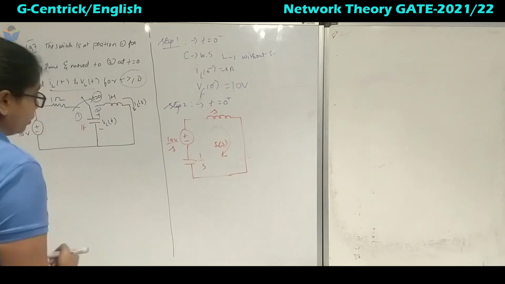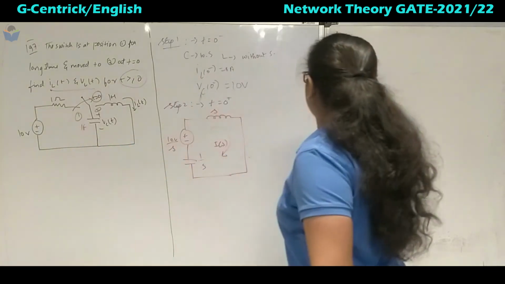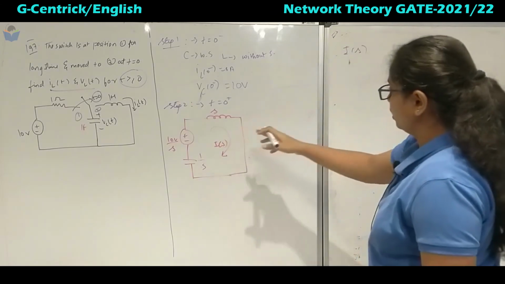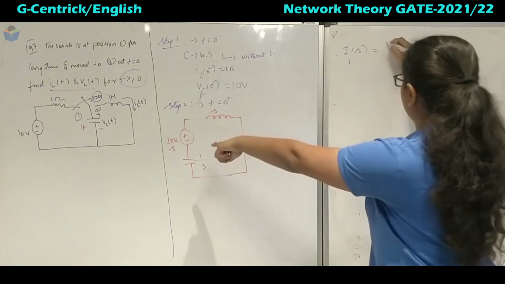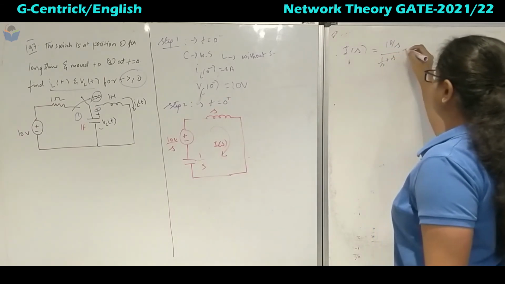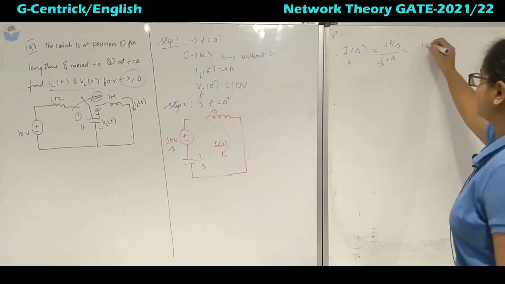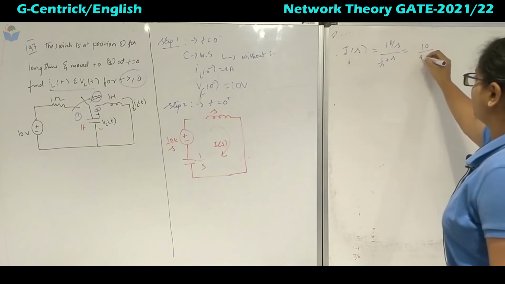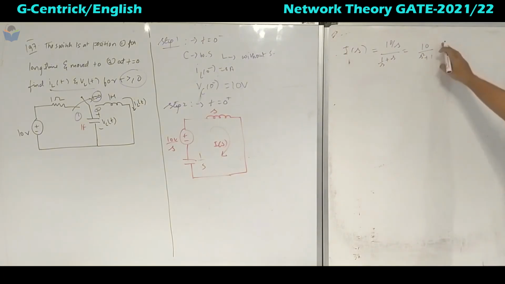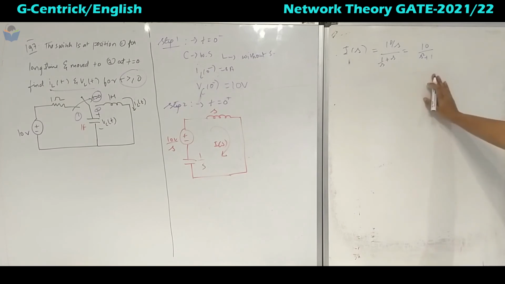Now finding the current, how much will we get? IL of S, or you can take just I of S, equal to V, which is 10 over S, divided by 1 by S plus S. So the S gets cancelled, this will be S square plus 1. So 10 over S square plus 1 is this one.